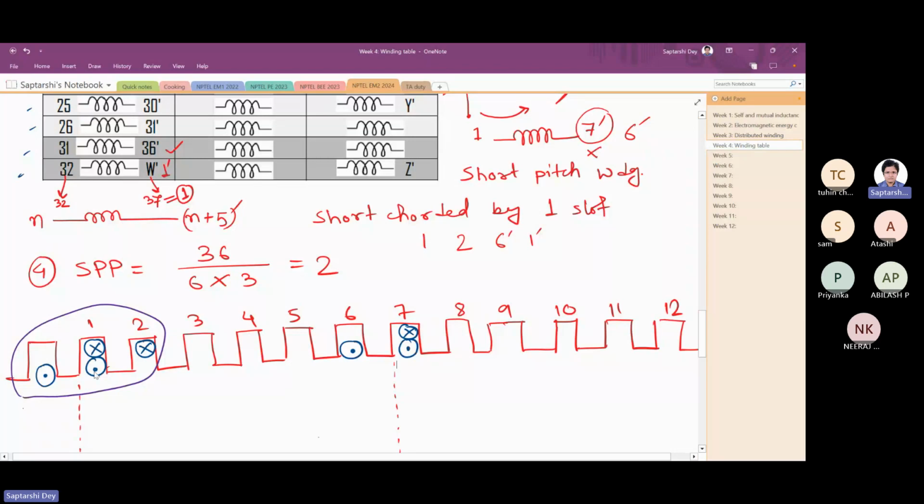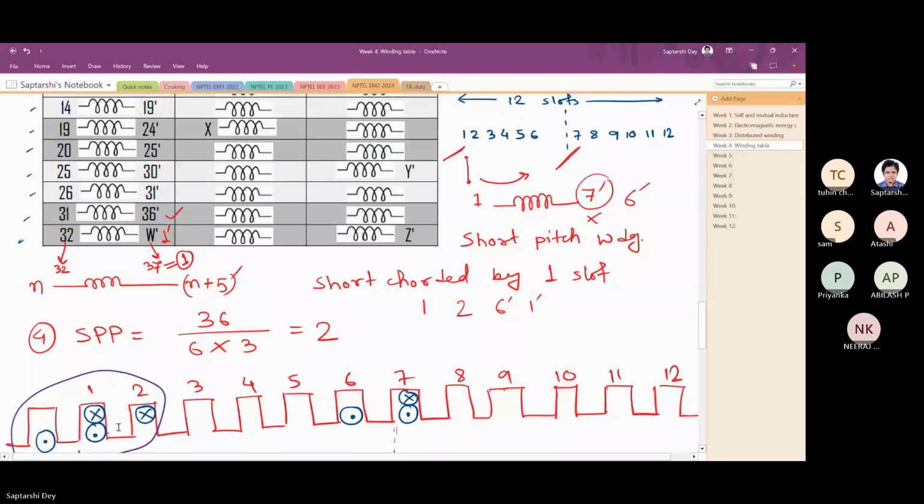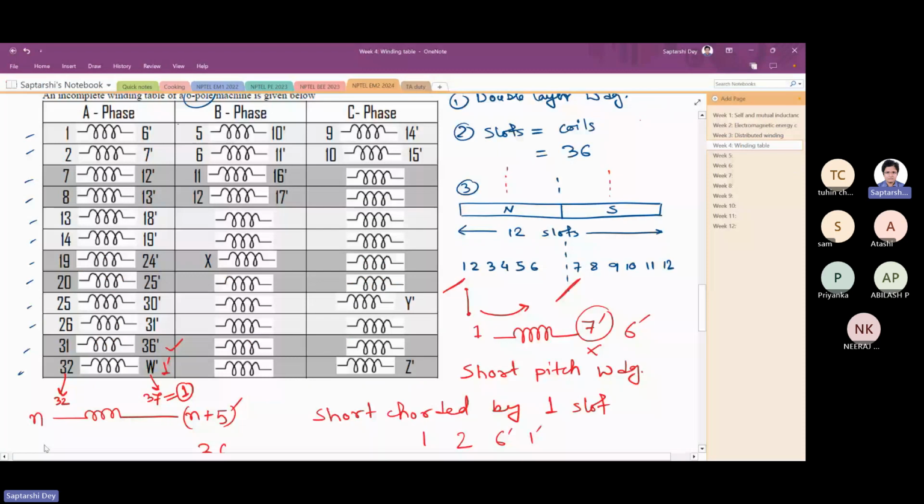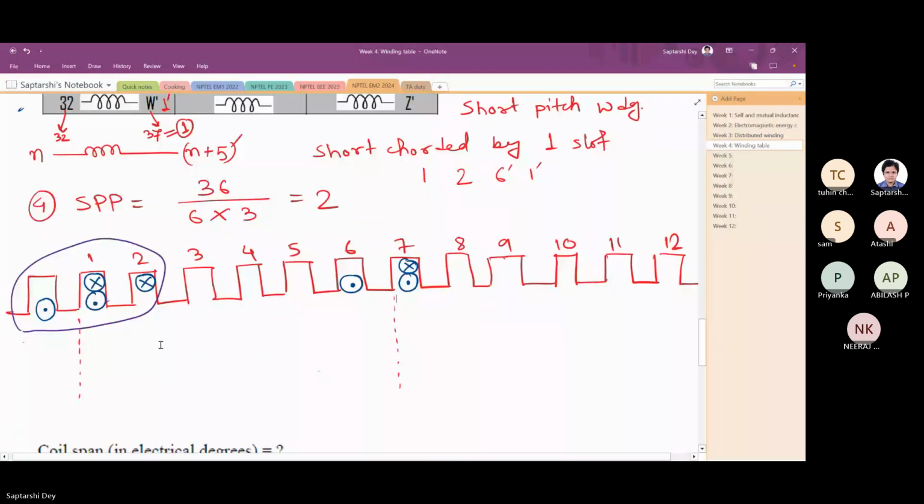Just a minute. If it is 1 primed here, 36 was prime. So dot. Okay, let us go ahead. Just by looking at it, we can draw the other side of the pole.